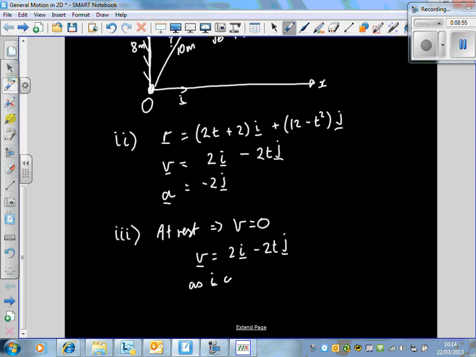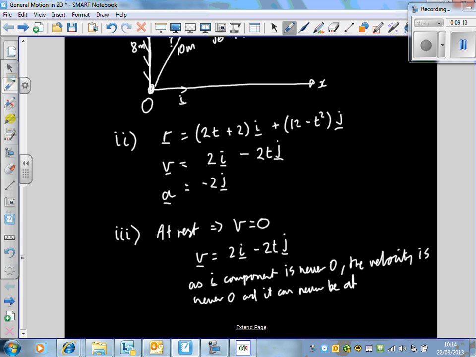Okay? So, as the i component is never 0, the velocity is never 0, and it can never be at rest.